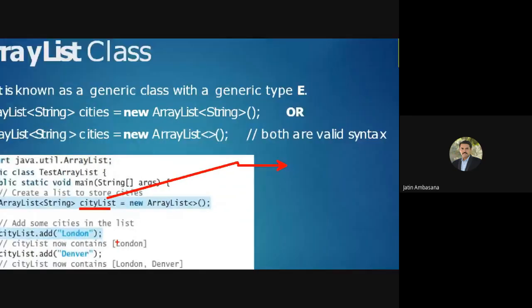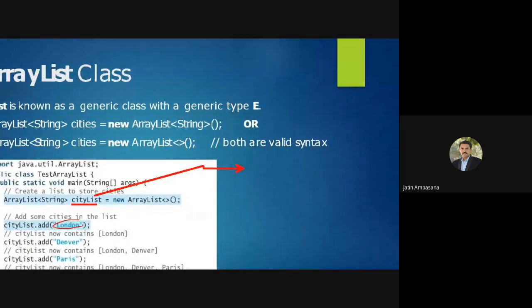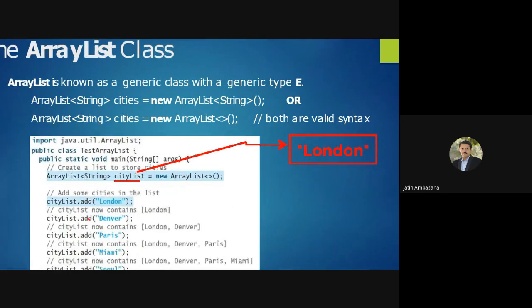So as you say cityList.add("London"), this London gets added as a part of the ArrayList. Now there may be other parts also available. Now you can add one by one more, Denver, Paris.